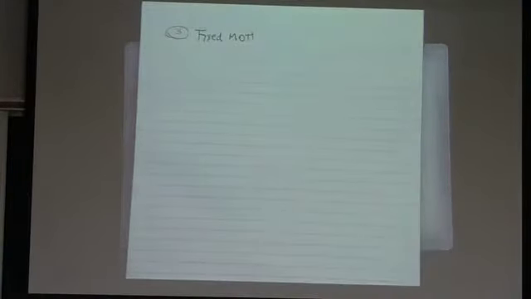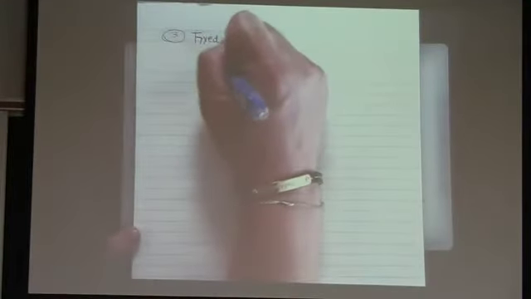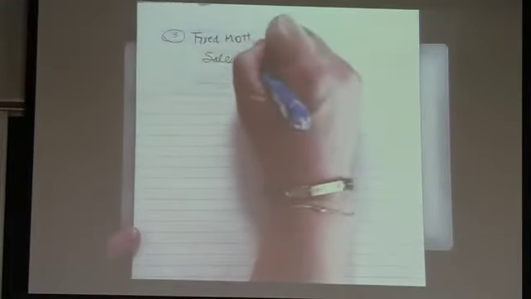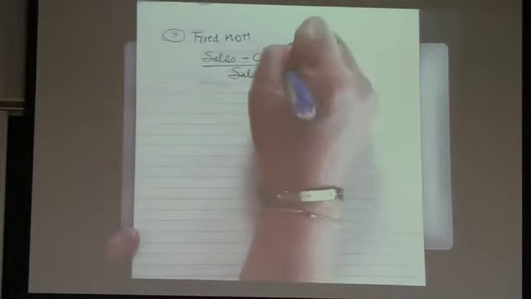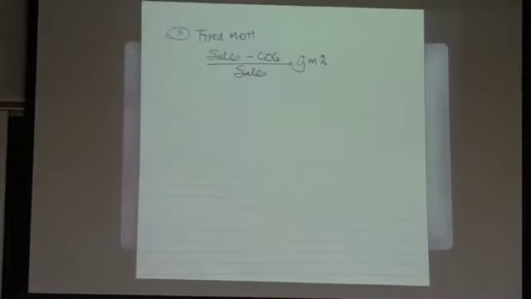Now how do we calculate fixed MOH? Well, we do know the gross margin, don't we? In the question, we're given the gross margin. Sales minus cost of goods sold divided by sales gives us gross margin percentage, and that was given to us.